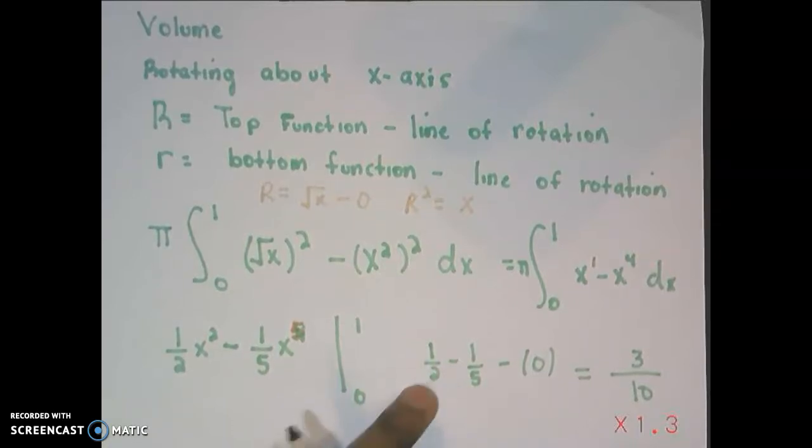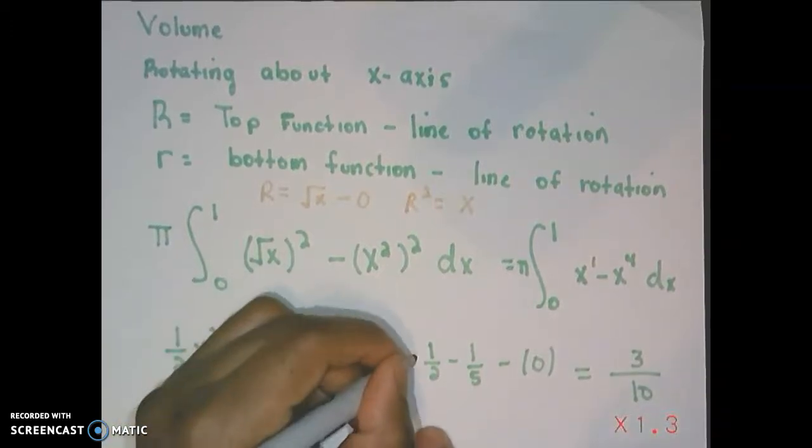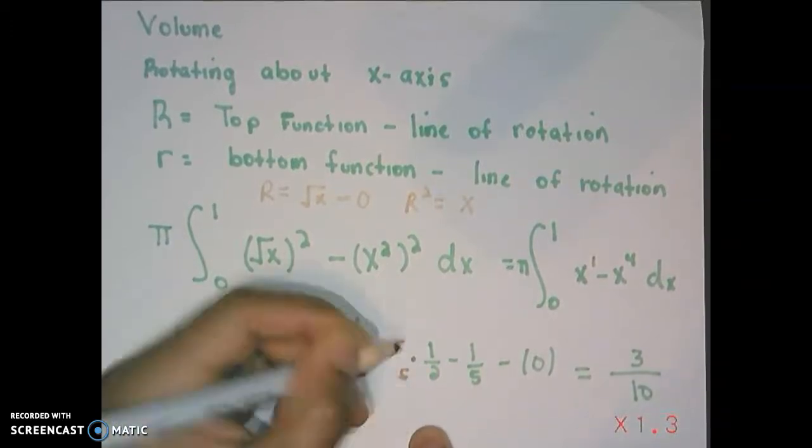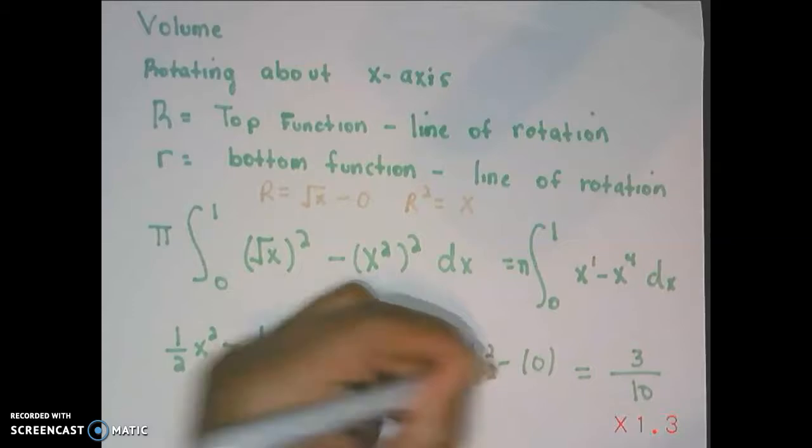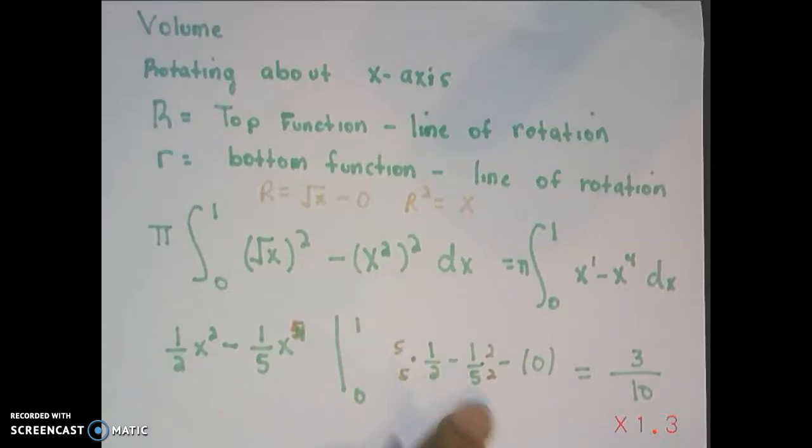So I'm going to get 1/2 minus 1/5. I chose the common denominator to be 10. If I multiply 5 here and here and 2 here and here, that's just going to give me 5 minus 2, and this is where I get the 3. So the answer to that is going to be 3 over 10.